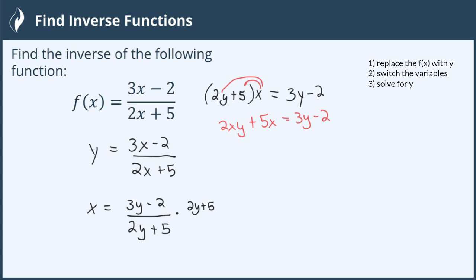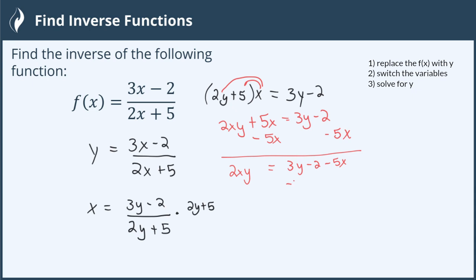And then the next thing I'm going to do, remember our goal is to solve for y. So I'm going to get everything with a y on one side and everything that doesn't have a y on the other side. First, we're going to subtract this 5x from both sides so that all we have over here is the 2xy equals the 3y minus 2 minus 5x.